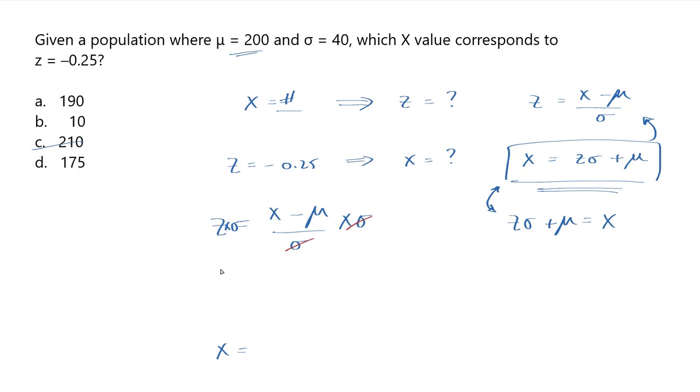So I'm left with z sigma equals x minus the mean. Now remember, I want to get x by itself, but right now we're subtracting the mean from it. I don't want that to happen, so I'm going to do the opposite. I'm going to add the mean. So the first rule is, whatever you don't like to see, do the opposite.